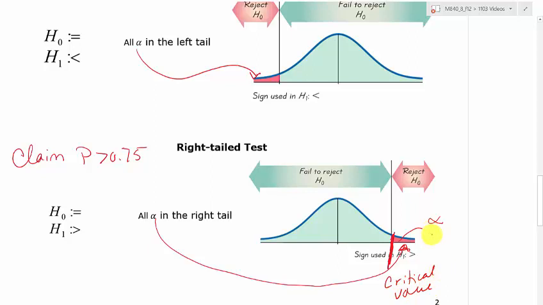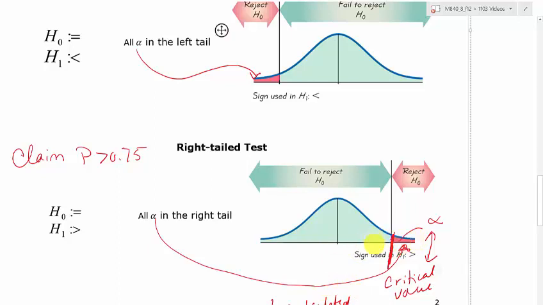So the critical value and alpha are connected, and then you'll also calculate a test statistic, for example, a t. You get this t value that you calculated, and you'll plot it along this edge.